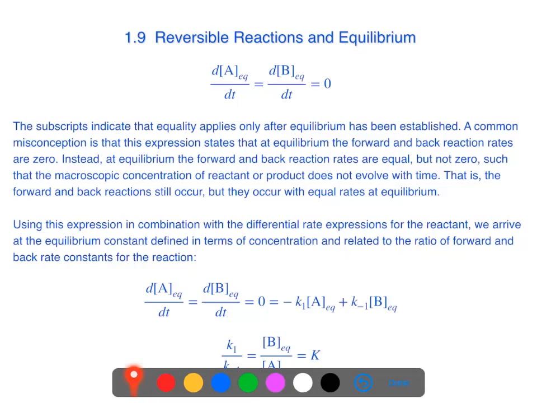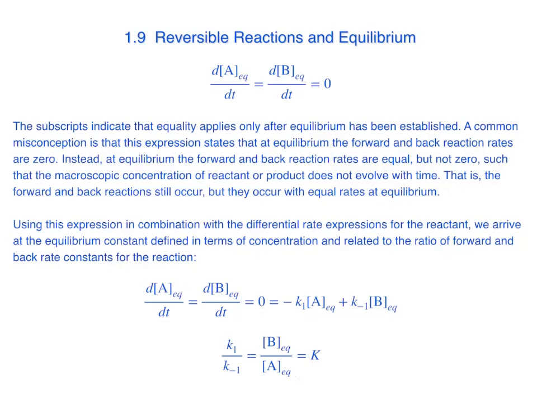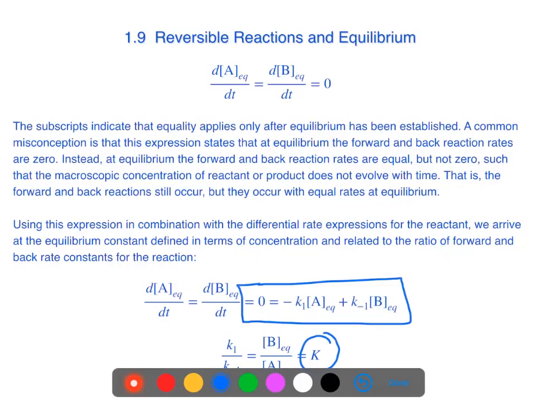So again, we can equate the change in the concentration of A at equilibrium with time equal to 0 when we establish this equilibrium condition, and we can equate that to the differential rate expressions for the reactant. Note that we're now including the subscript EQ. So if this part of our expression can be equated to 0, then we can rearrange it such that we're solving for the equilibrium constant.